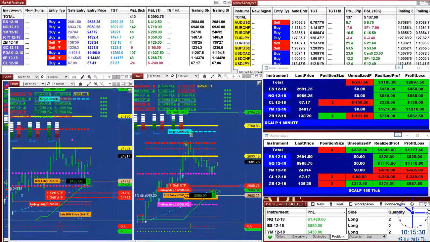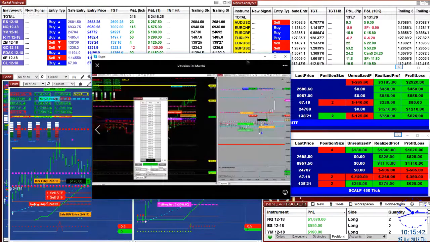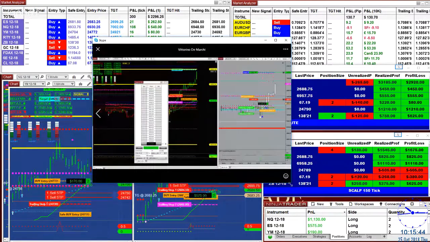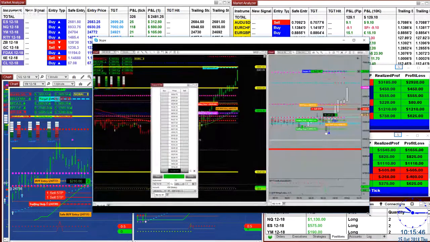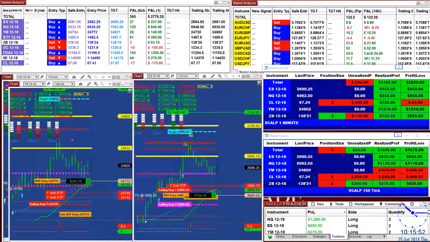We have a lot of people who took that chart. I don't think so. This is his live trade, and I'm not sure he's going to work today.